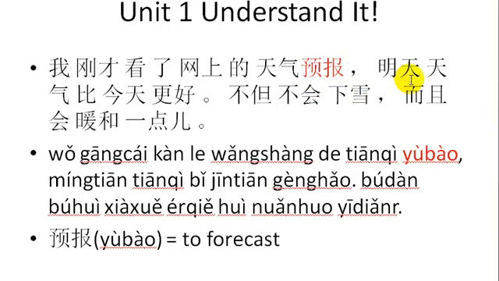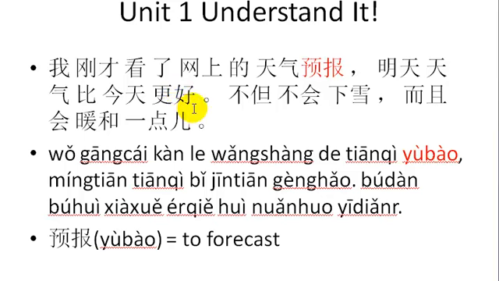It said 明天天气比, so we're comparing something, 比今天更好. Something about tomorrow's and today's weather is 更好. Now, you'll notice the adjective here, 更好. So you have the A item, and then 比, and then the B item, the two things you're comparing.